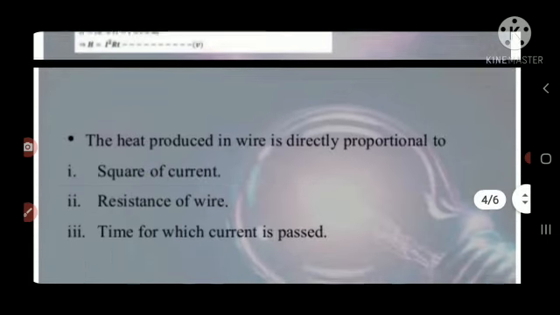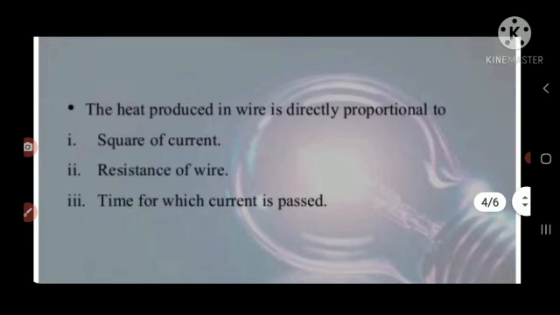I repeat, heat produced in a wire is directly proportional to the square of current, the resistance of the wire, and the time for which current is passed.